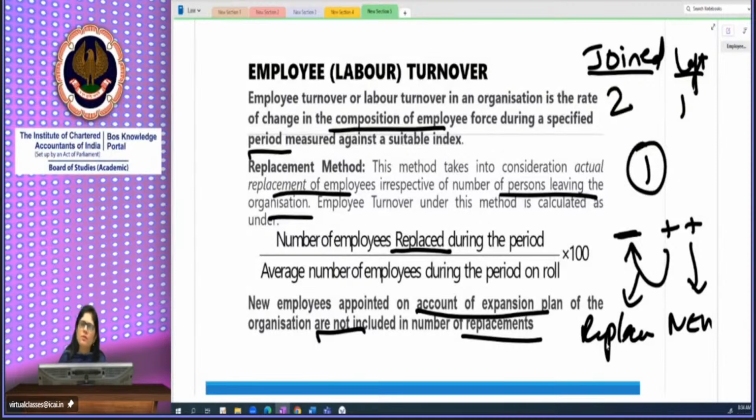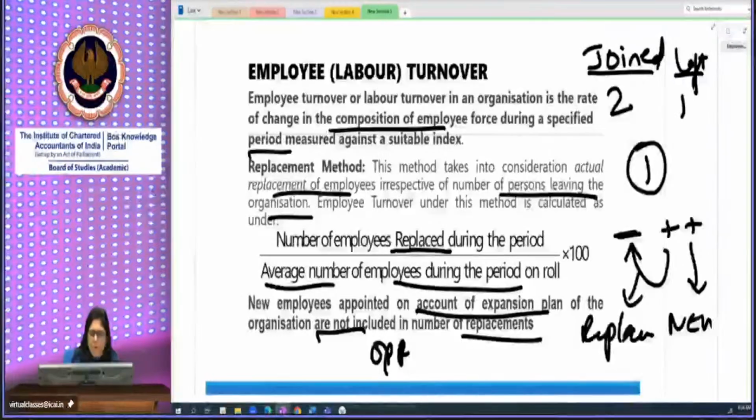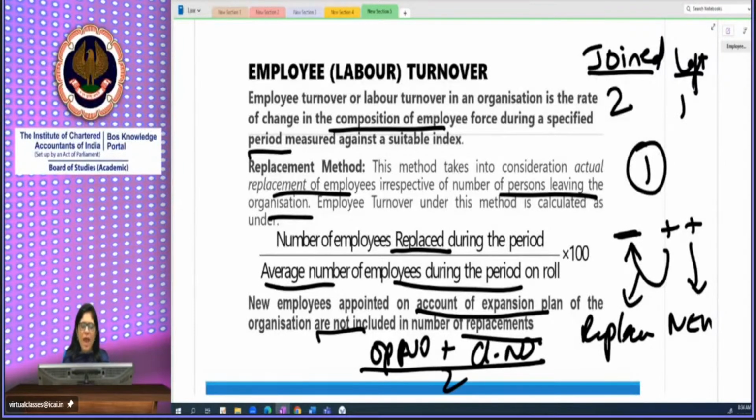Okay, so you understood: number of employees replaced during the period, divided by the average number of employees during the period. Average number means opening number of employees plus closing number of employees, divided by 2. So for the average number of employees during the period, let us say we are taking the period of April. How many persons were replaced in April?